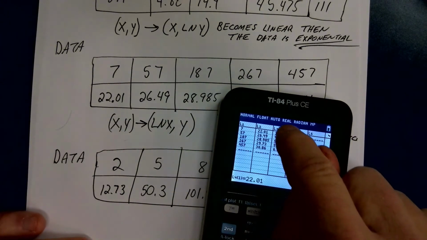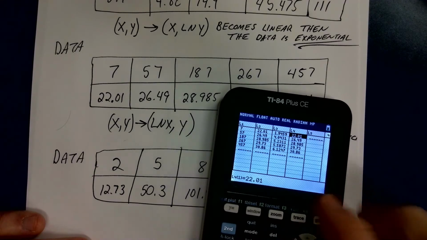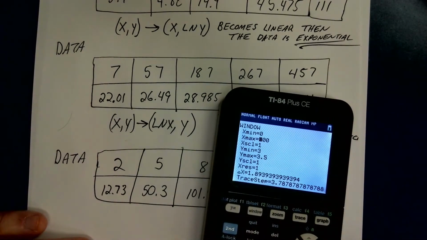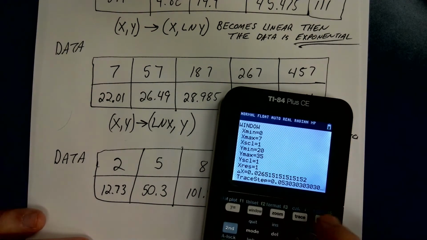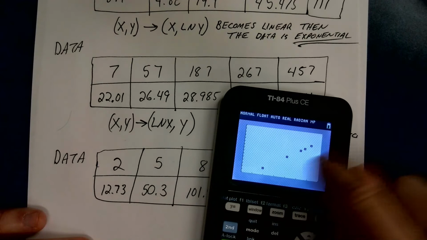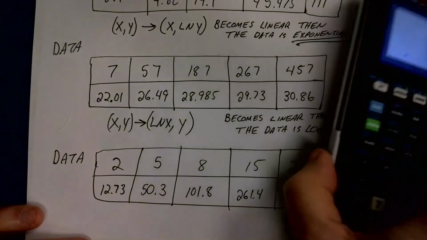So my data is going from 0 to 7 and 20 to 35. And graph, look at that, straight line for that. Okay, awesome.